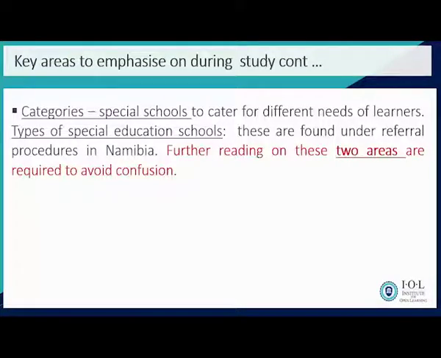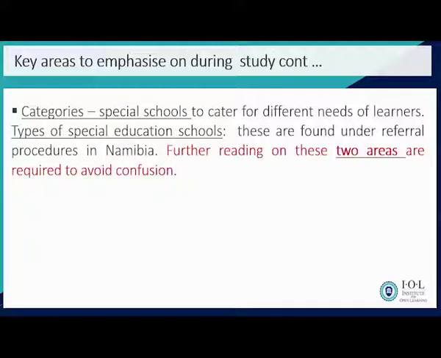We have learners who are hearing impaired, either hard of hearing or completely hearing impaired. Further reading is required on these two areas, so that you are not confused about what needs to be understood.